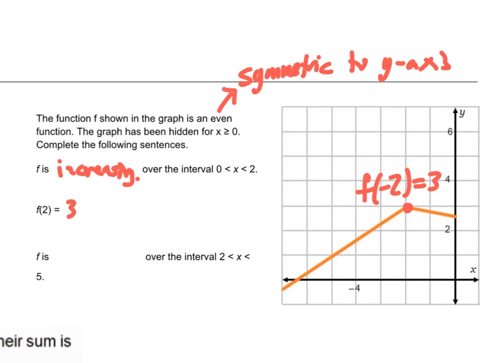Because between 2 and 5 over here the function is increasing, that means on the side way over here that we can't see, this would be decreasing.